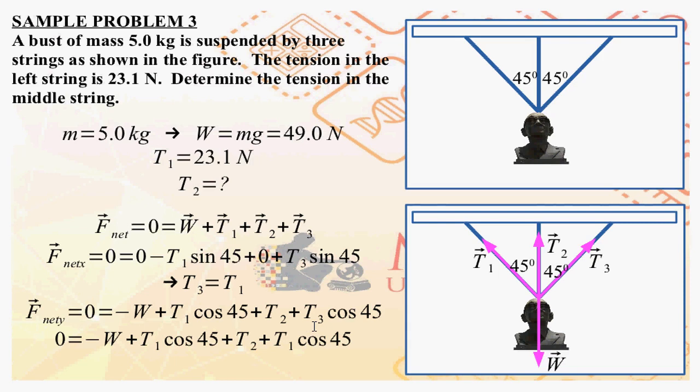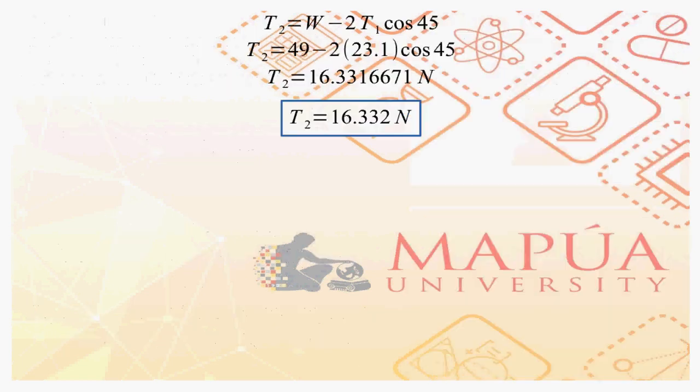T3 is just the same as T1, so we can replace T3 by T1. So, you have 0 is negative weight plus T1 cosine 45 plus T2 plus T1 cosine 45. Simplifying, we have T2 is equal to W minus 2 T1 cosine 45.